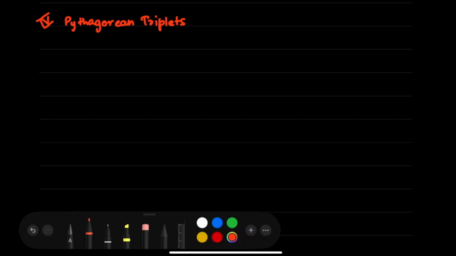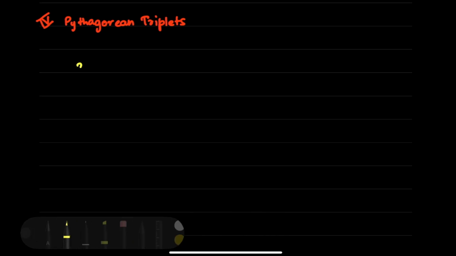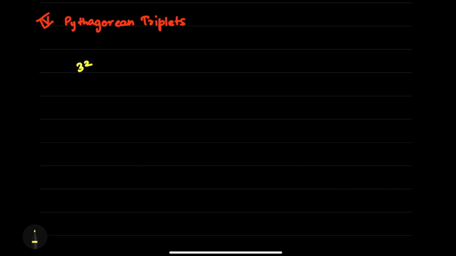So next up we have Pythagorean triplets. This is a very interesting property, and this relates to the Pythagoras theorem we have already studied in our previous classes. So let's observe this very simple example first. Say we have 3 square plus 4 square is equal to 5 square, right? We can also simplify it to understand.